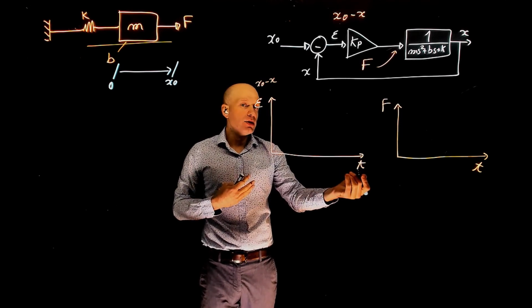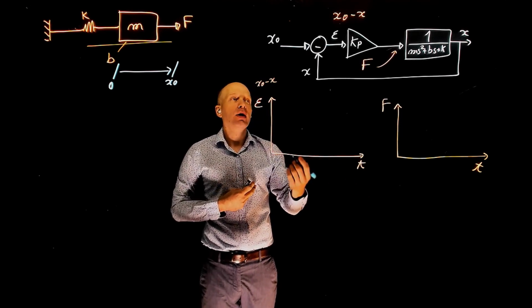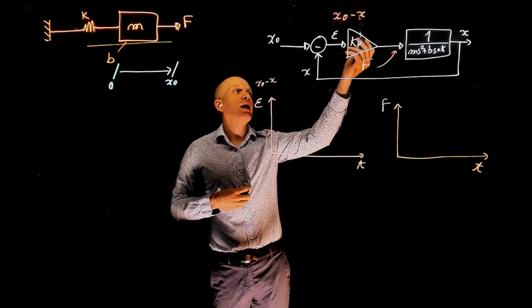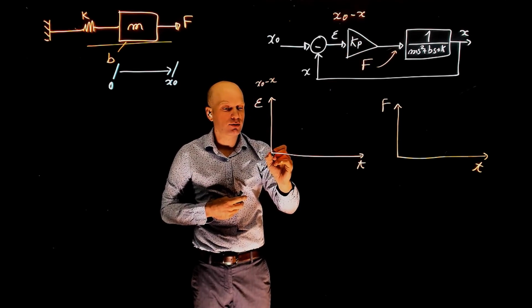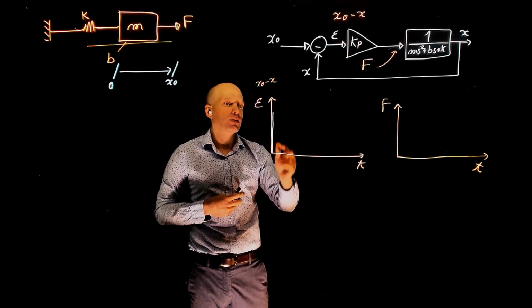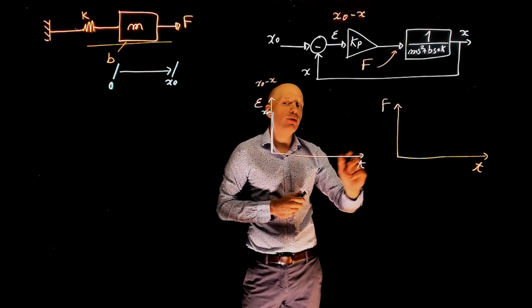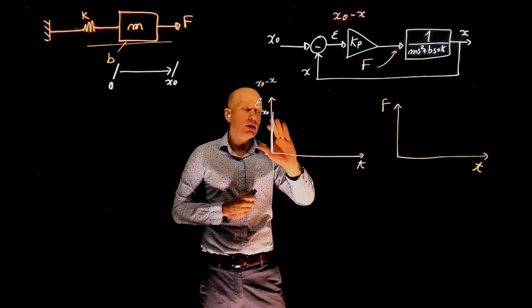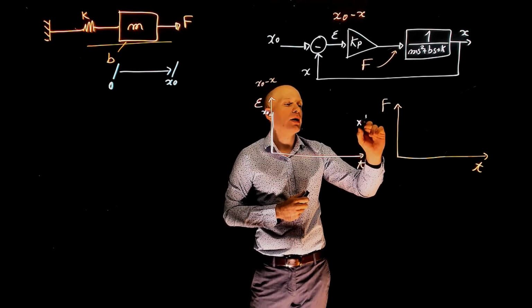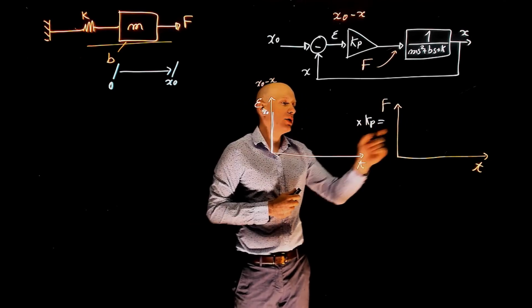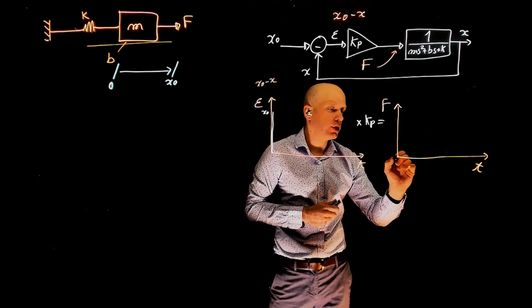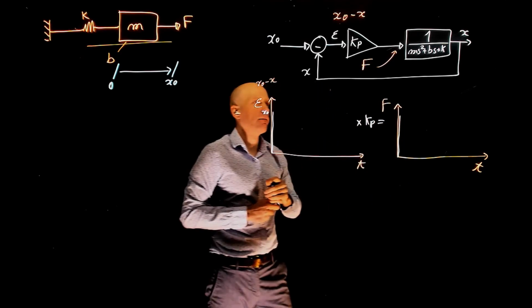When time is 0, the error goes from 0 to x0. This results in a large force applied to the mass because you're taking this error, multiplying this by Kp, and this gives the force. So the force will jump to a given value.